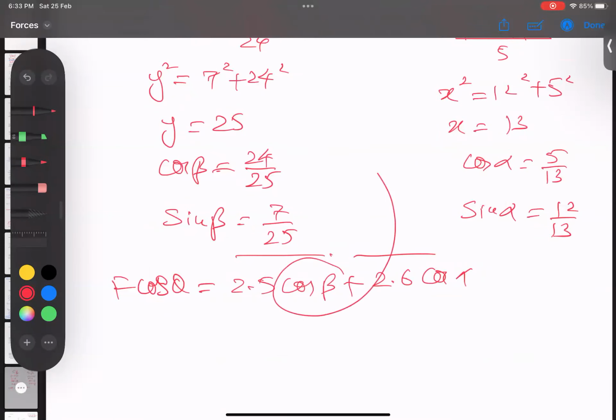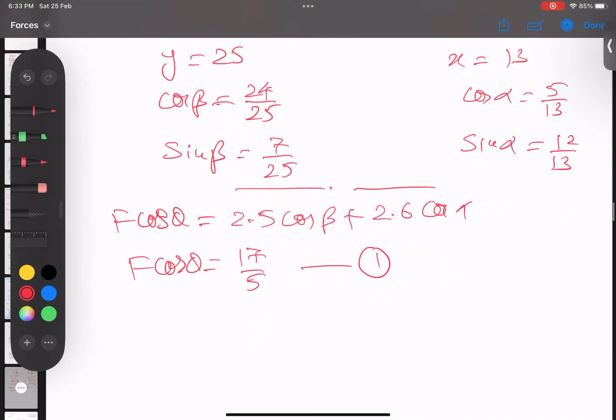Now this value I will take from here, and this value from here, and simply type in the calculator: 2.5 times 24 over 25, and plus 2.6 times 5 over 13. So the answer is coming to me as 705 sharp.